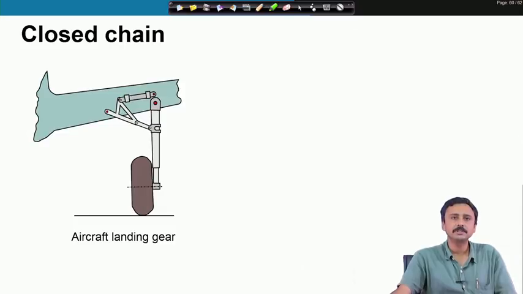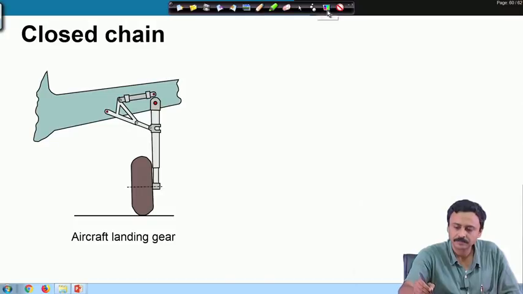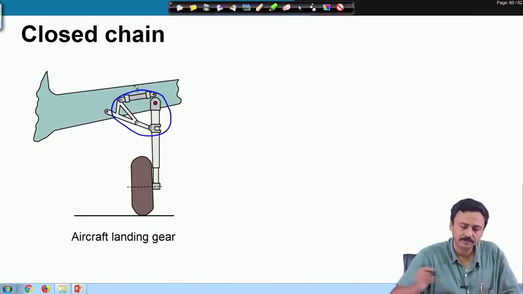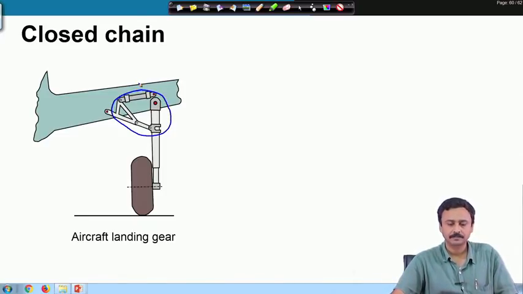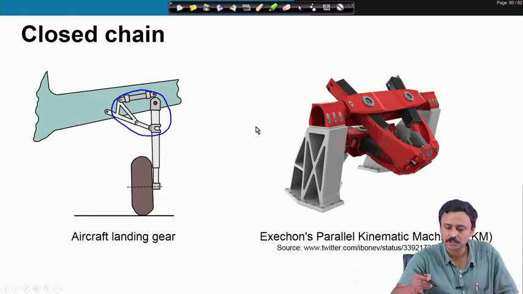Let us look at some examples. So, this is a closed chain. You can see this forms a closed chain. This is another example of a closed chain.